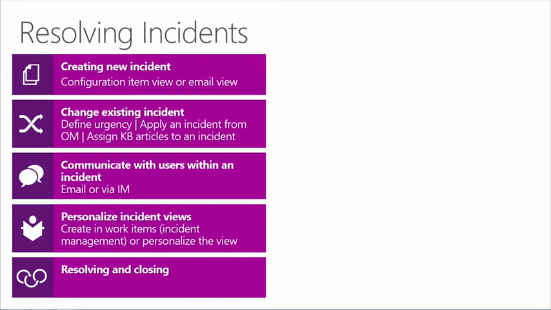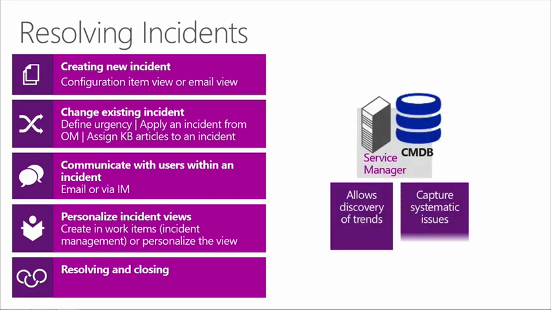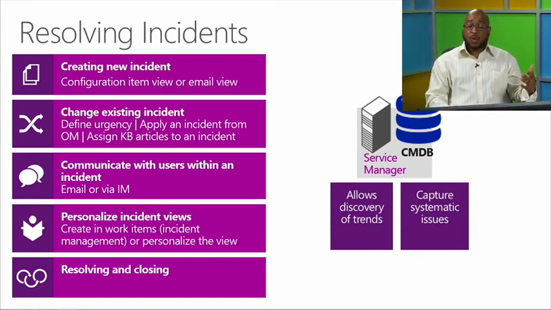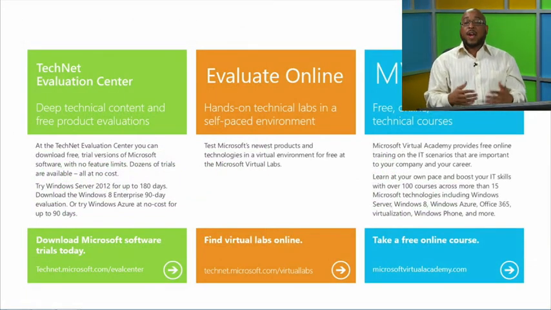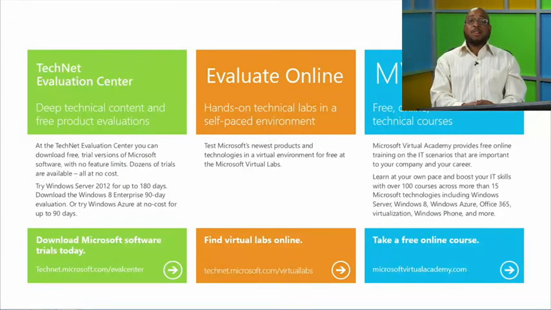I have personalized views within the Service Manager console for how I can separate which incidents are most critical, prioritize them, which ones are okay, and which ones are red flagged in terms of resolve now, and then take the action to do so. But the CMDB allows for discovery of trends. I can now start to report on that information. I can capture systemic issues with that information. And that's something that's very key for us to think about when we think about managing these multiple processes.